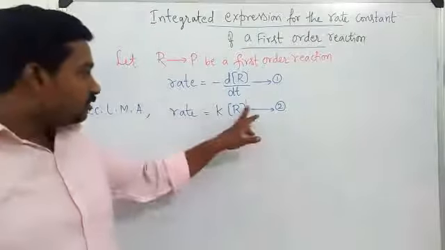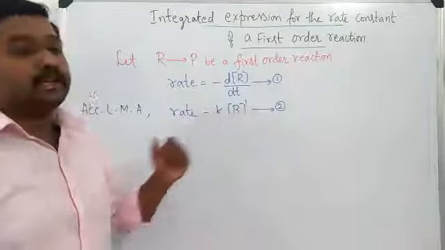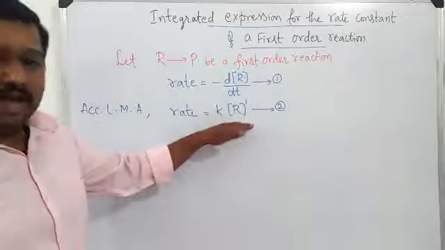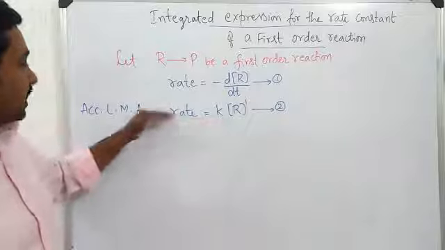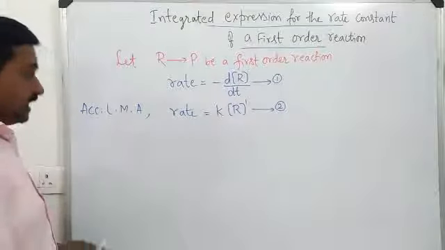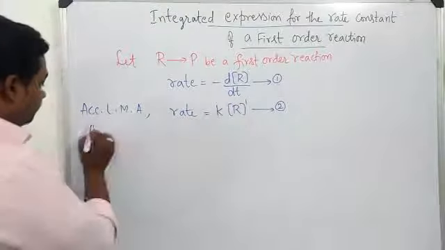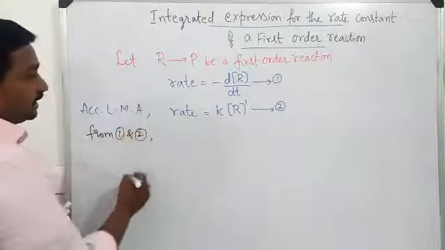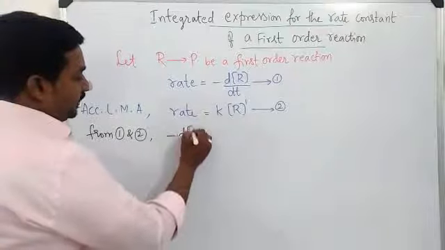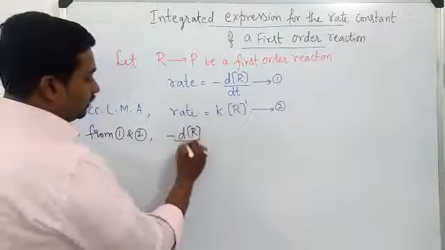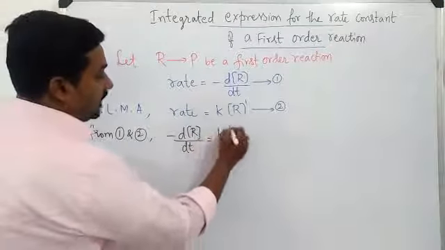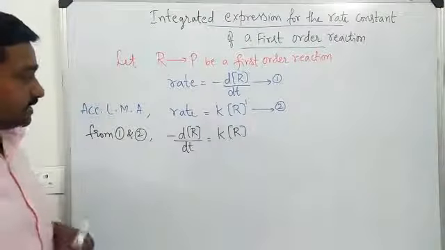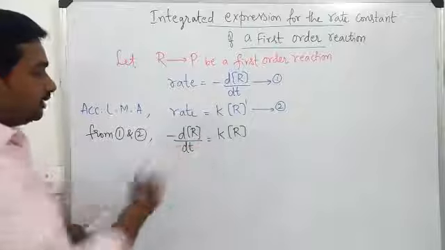Earlier, this power was 0 and only K was remaining. Now in this case, I have K as well as the concentration R. So let us compare these two equations again. So from equation 1 and 2, I get minus of dR by dt equals K into concentration of R. Okay, let us separate these variables dt and R here.